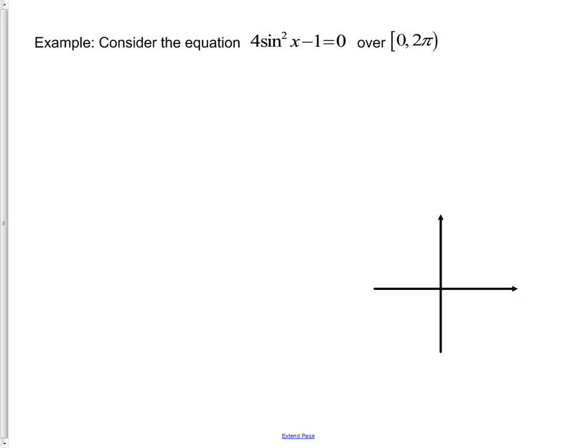Now, if you recall, in algebra, if we had a similar sort of situation, we might have said, well, if I had 4 times u squared minus 1 equal to 0, how would I solve for u? Well, I would subtract 1 from both sides, and then I would divide both sides by 4.